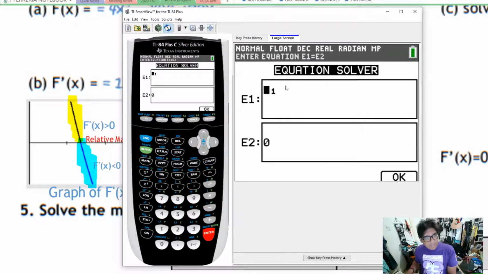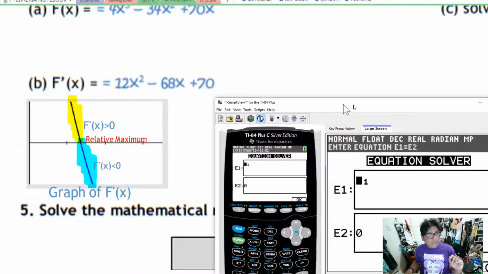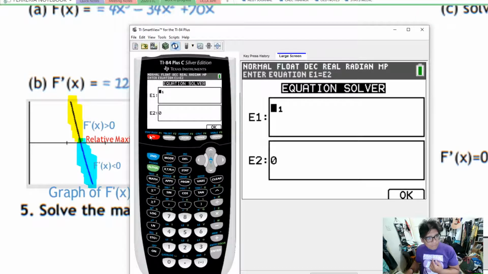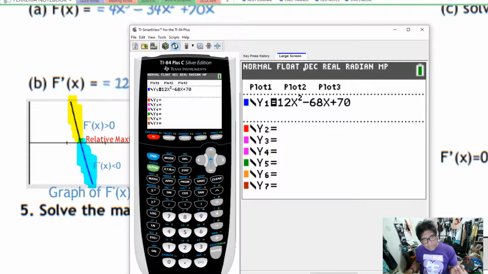On this calculator, you have two things. You have E1 and E2. In E1, you're going to put the left side of the equation, like if you're writing out the equation. So what I want on the left side of the equation is y1. Y1, if you remember, was this equation, the derivative.